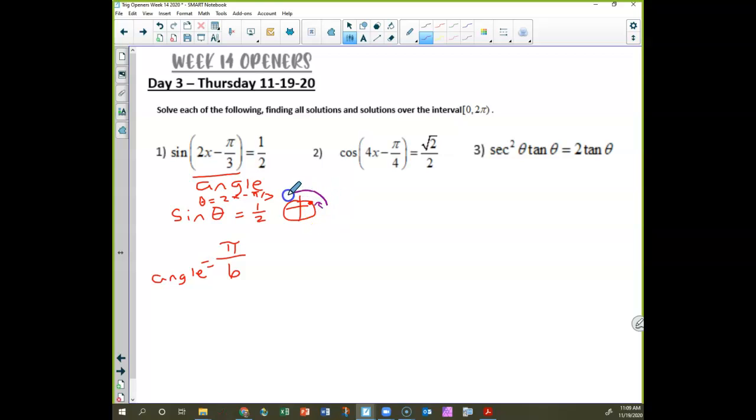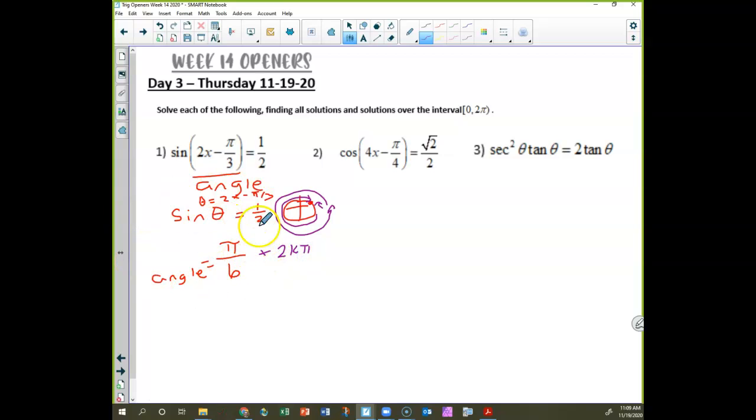But I also could have come around more than once. Or I could have come in a negative direction. And all of those end up coterminal at that same location, and the sine of that is still a half. I could add or subtract, so we'll use an integer value, full revolutions around the unit circle.